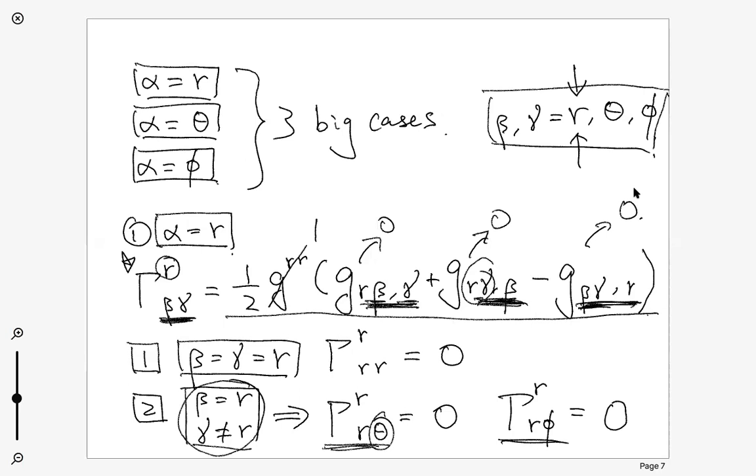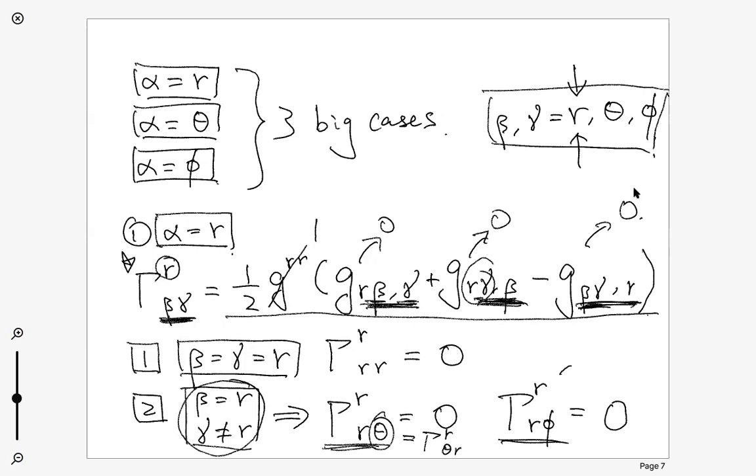Yes, very good. And actually, there's another thing I would like to mention, which I have mentioned before, is that beta and gamma are symmetric, right? So when I say that the r r θ component is 0, we can also safely say that the r θ r component is also 0.